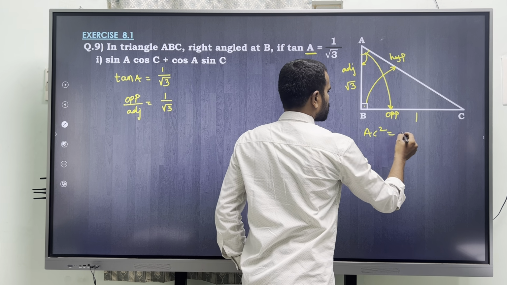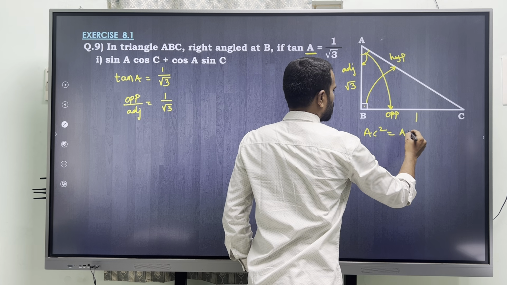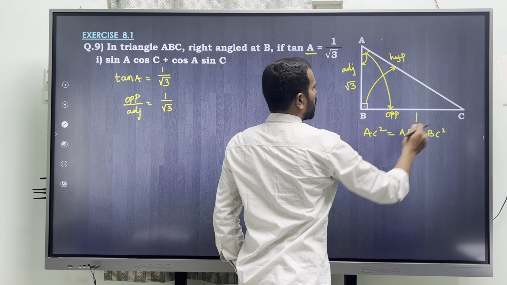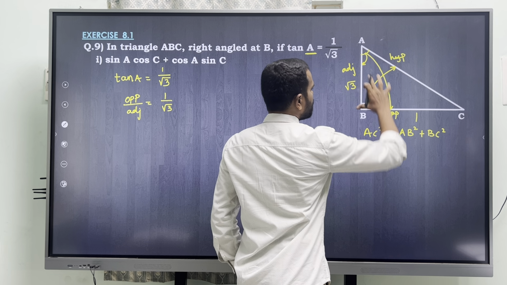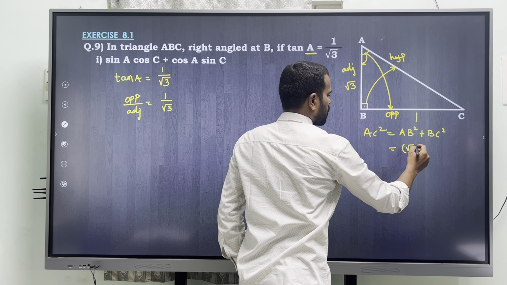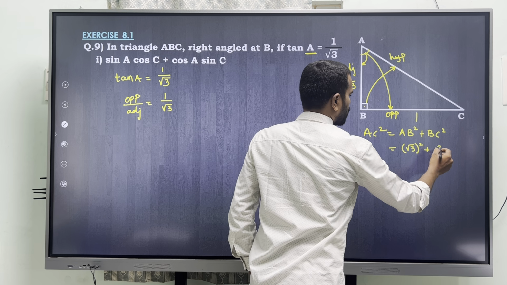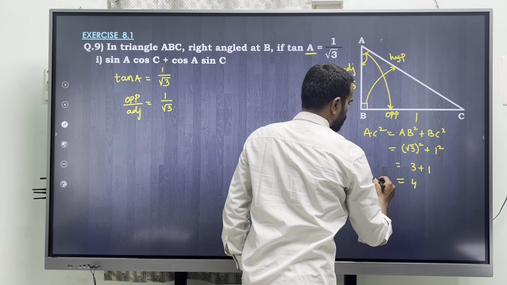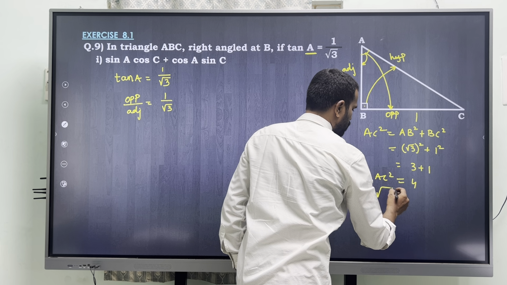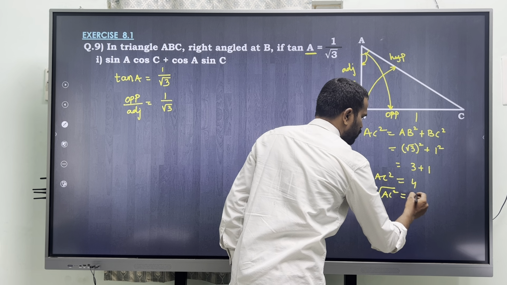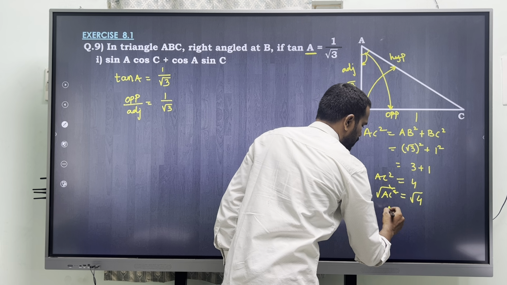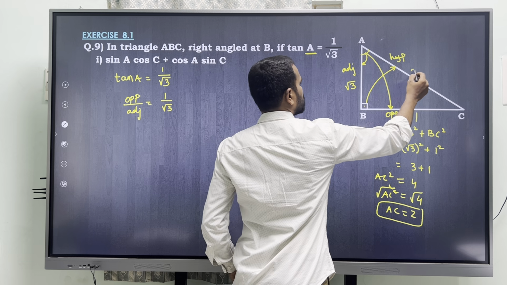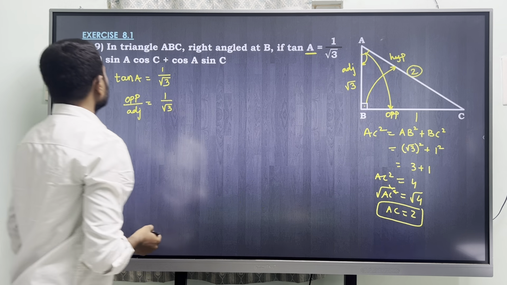AC square equals AB square plus BC square, which is root 3 whole square plus 1 square. Root 3 whole square is 3, plus 1 is 4. So AC square is 4, AC equals root 4, which is 2.